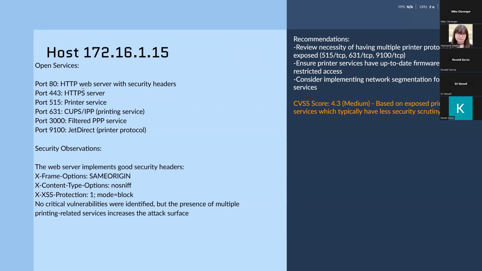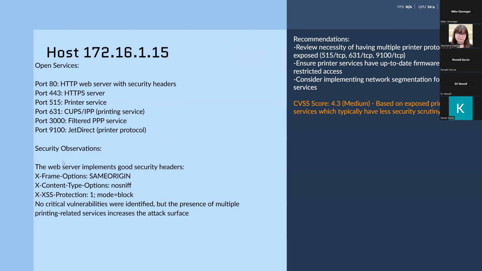We have port 80, port 443, port 515, printer service, port 631, another printer service. So based on those few services, we can pretty accurately guess that this is a printer. Port 3000, which is a folder PPP service, port 9100, JetDirect printer protocol.